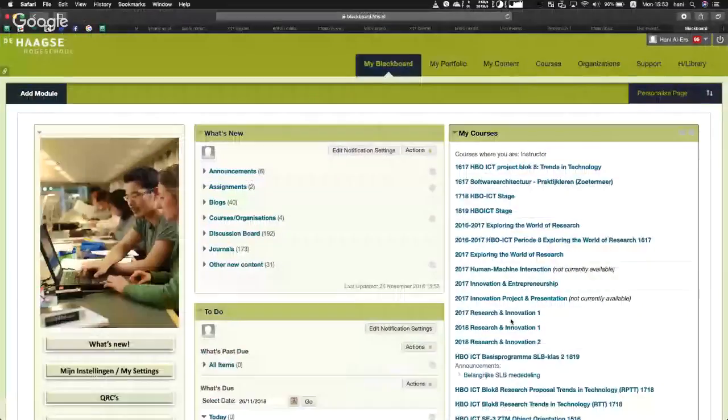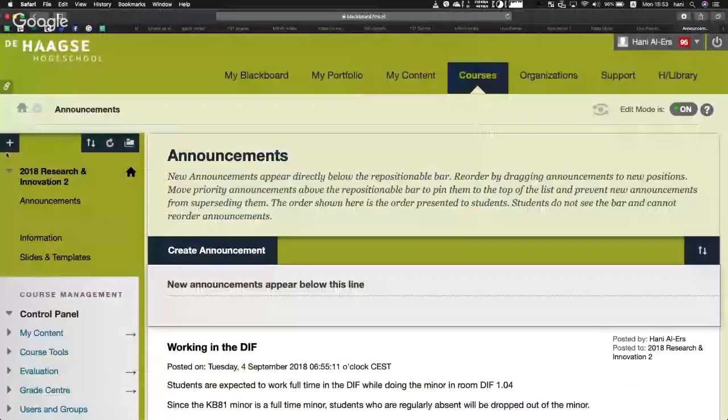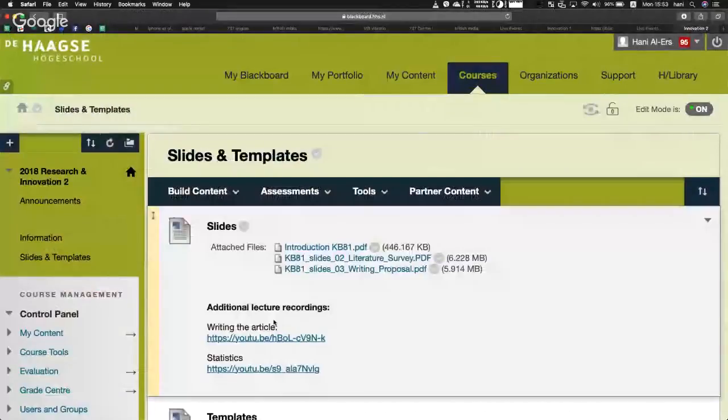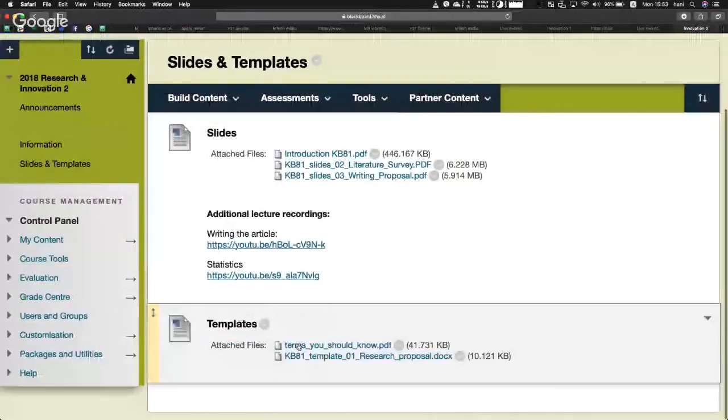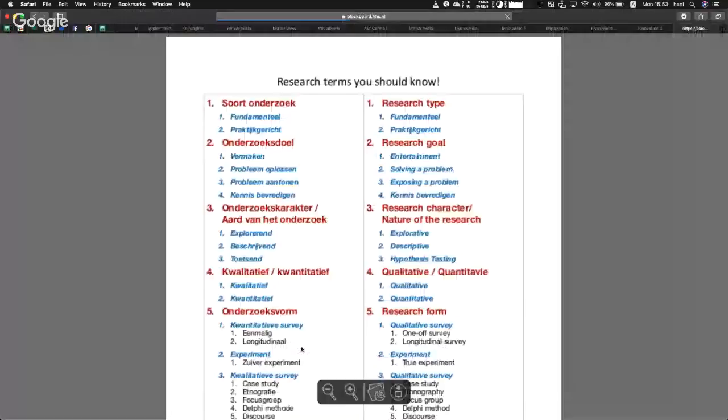So if you go to Slides and Templates, and you go to Terms you should know, you will see this document. In this document, I have all the terms, the Dutch terms that are from Bardal, and all the English alternatives that are equivalent to it. So you will need to use these terms in your research proposal.